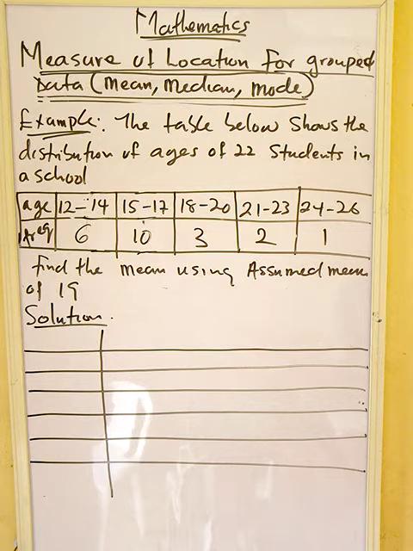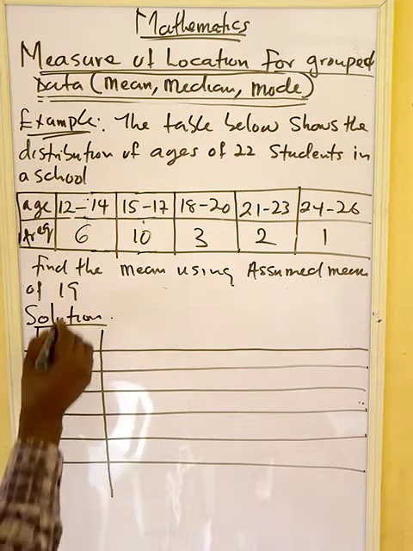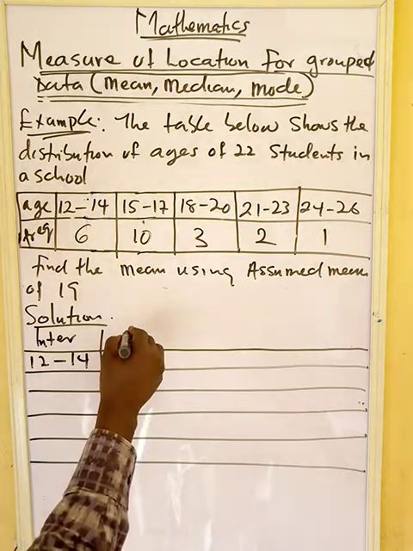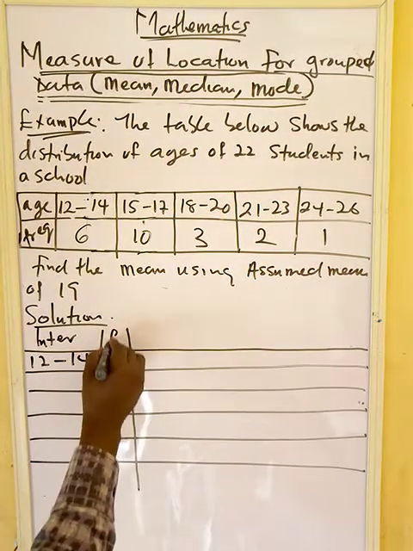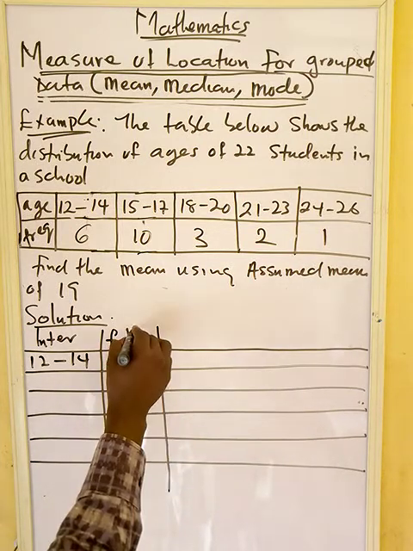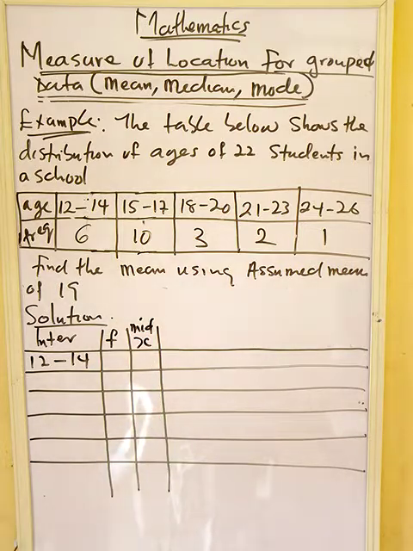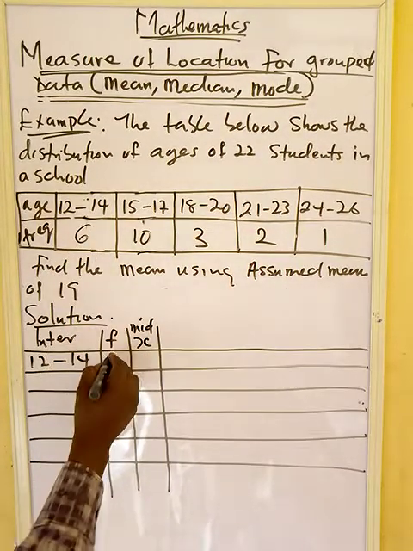So we have our age interval: 12 to 14. This is our frequency. We need our midpoint, which is our x. The frequency of this is 6.